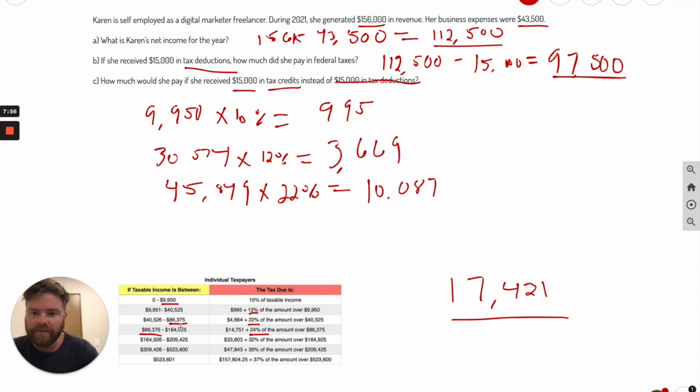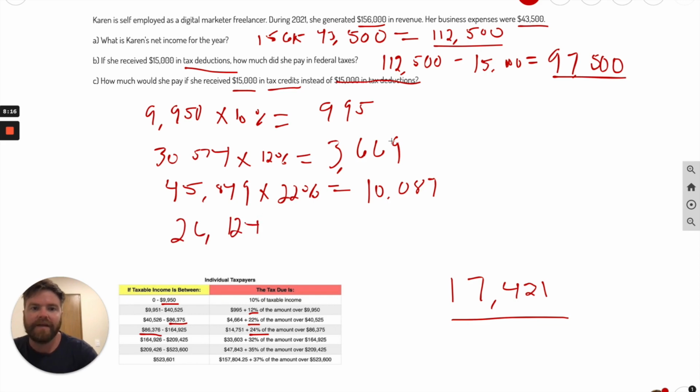And next here, we're actually going to go ahead and get this final number. So 112,500. We're actually going to use that number there, and we subtract out 86,376. And we get 26,124.